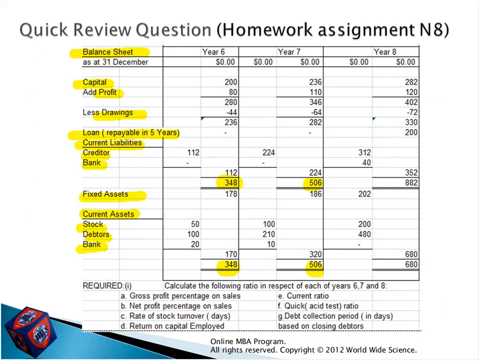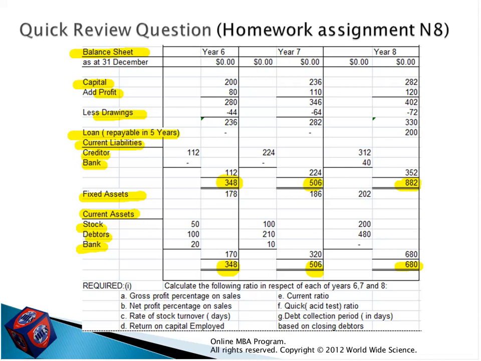And for year 8, liability and equity is equal to 882, and our total assets is not 680, it must be 882. Here is just a mistake in my example, because this is made by picture, and so I couldn't change it.